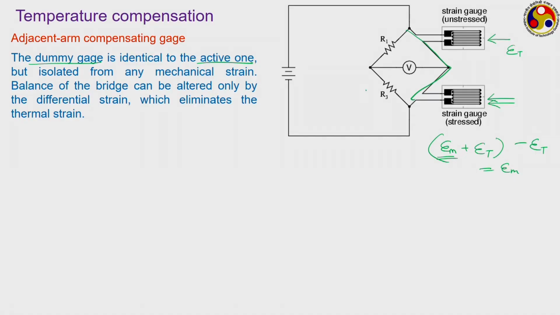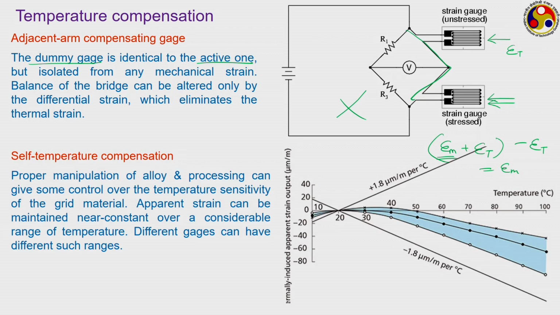There may be several other situations also where it is not at all possible to go for a bridge circuit. We have to go for a ballast circuit. In those situations, this adjacent arm compensating gauge option is invalid, and we have to depend on the second option, which is called self temperature compensation.